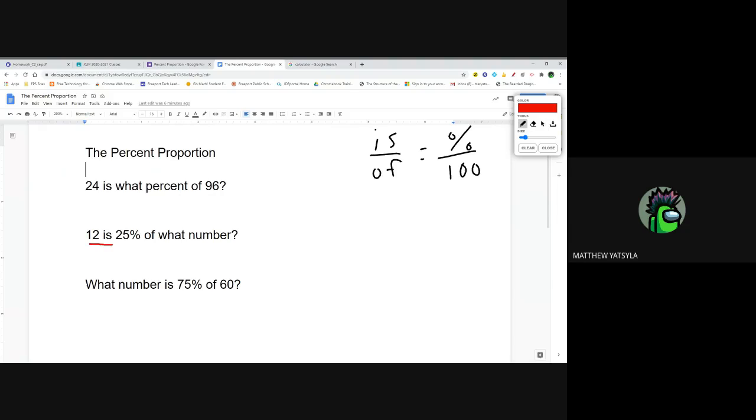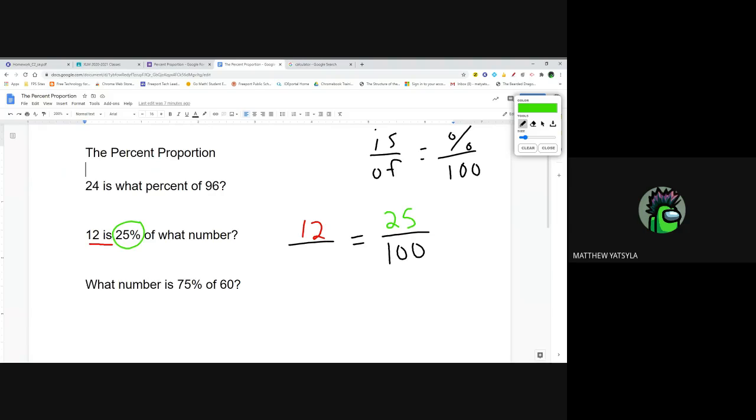All right. So right away, we already have our is. So we know our is 12. Let me get the rest of the proportion written out really quick. Over a number equals a percent over 100. So now I'm going to fill things in as I go. So now they gave us a percent. So percents we were going to do in green. 25%, that gets us 25 over 100.